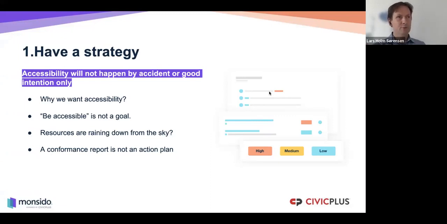And yes, you need to know where you have the problems on your website, but just knowing where your problems are does not really change anything for your end user. Once you have your accessibility scan or your assessment, or whatever you call it, you need to make a decent action plan on how to actually start tackling these things. Again, it may seem obvious, but I've seen it so many times that people kind of stop after they get the first accessibility report. You need to make the plan to get on from there.